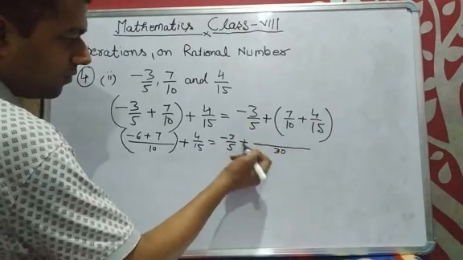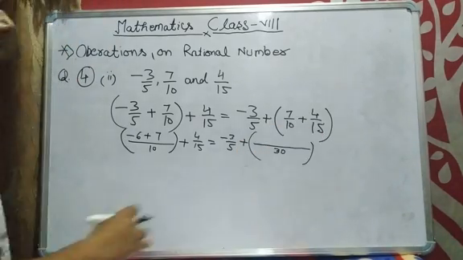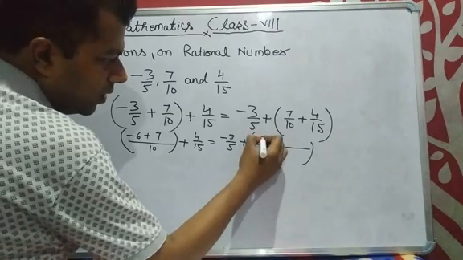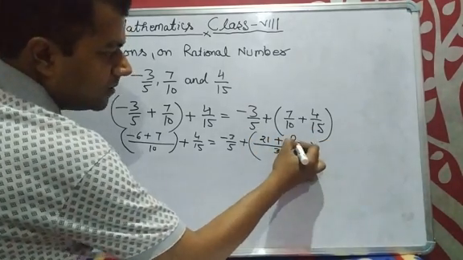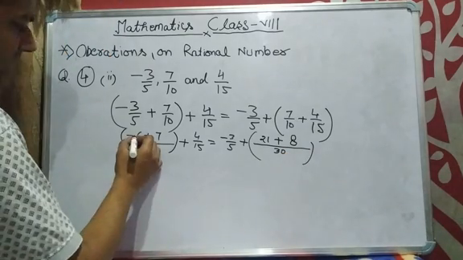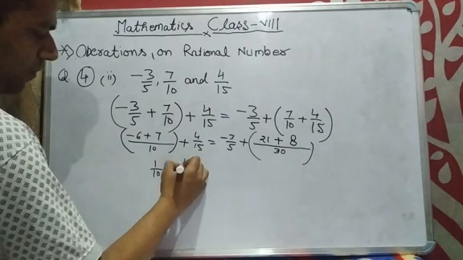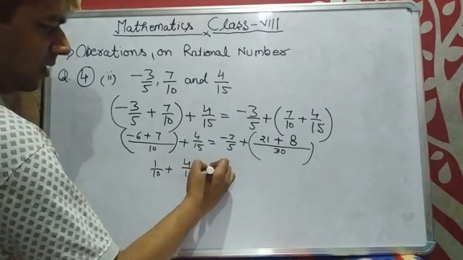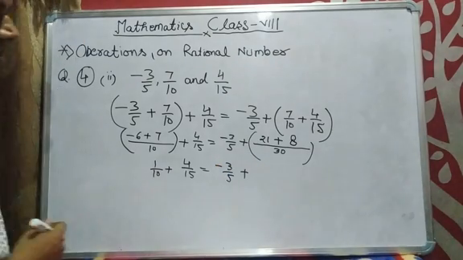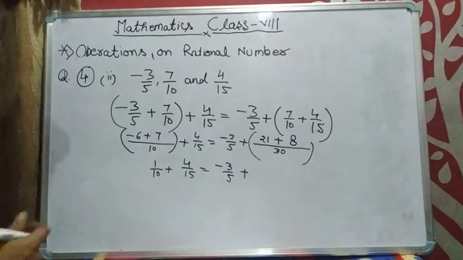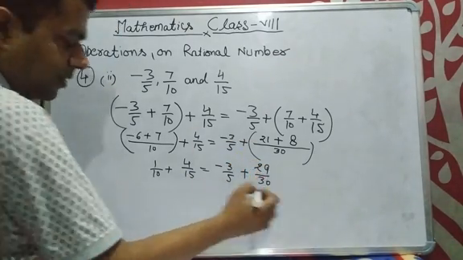Put the bracket for this one only. 21 plus 15, 2 times 4 is 8, minus 6 plus 7, 1 upon 10 plus 4 upon 15, here minus 3 upon 5 plus 29 upon 30.